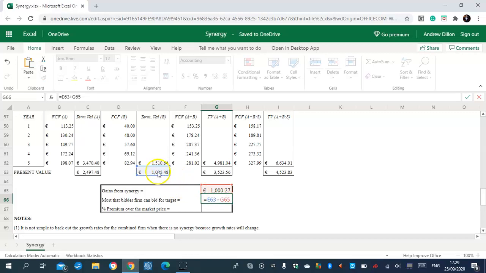So terminal value B plus gains from Synergy. The one last section left, percentage premium over the market price.